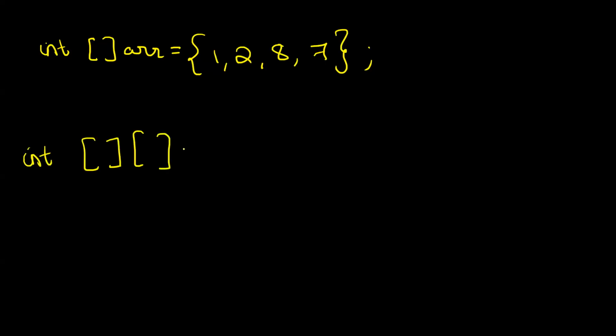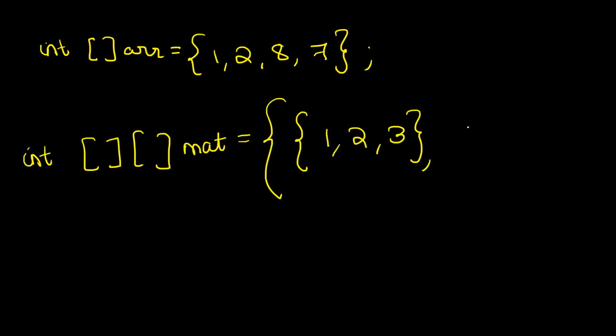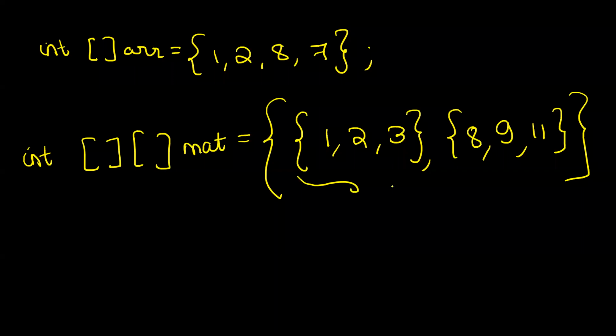Int, you are looking at a two-dimensional array, and within curly braces, you can specify the contents. When I make a structure like this, I am talking of a 2D array. How many rows does it have? See guys, this is one 1D array.